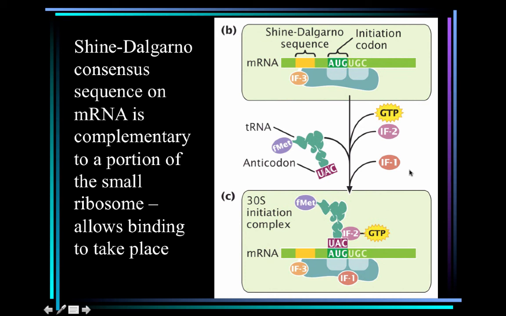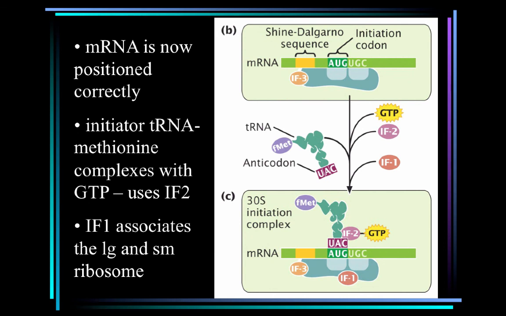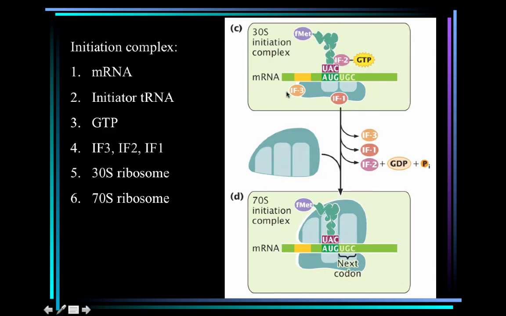So once it assembles, then IF1 is going to come in and bind to the bottom of the little subunit. And the mRNA is now officially positioned correctly. And the initiation factor 1 is going to also associate with the large subunit as well.